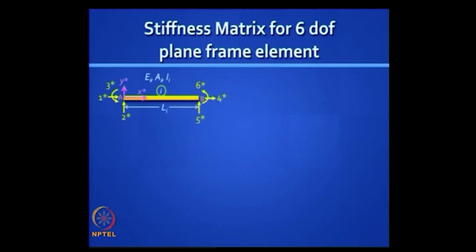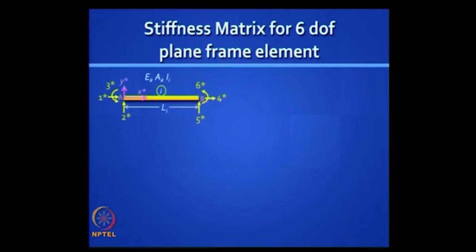We number these coordinates 1 star, 2 star, 3 star to align with the x, y and z axes. 1 star refers to an axial degree of freedom, 2 star is a translation, a deflection which is normal to the longitudinal axis.